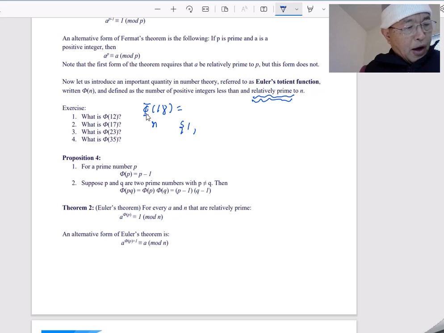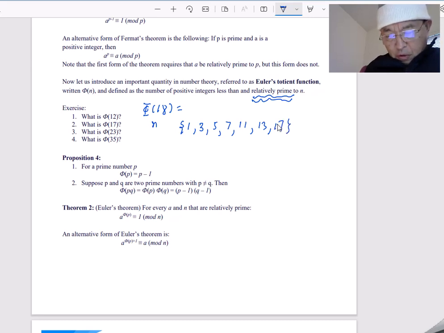Then 2, no. 3, no. 4, no, it's divisible by 2. 5 and 7, definitely. 6, no. 8, no. 9, no, divisible by 3. 10, divisible by 2. 11 is one of them, and then 13. 14, no. 15, no. 16, no. And then 17.